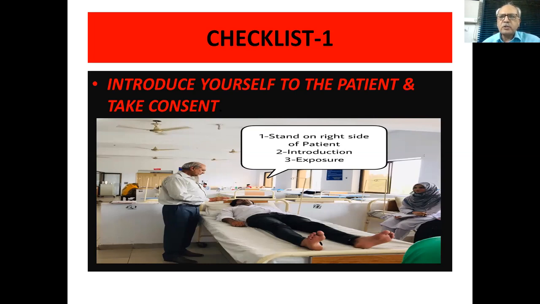When you are asked to examine the abdomen of a patient, the checklist one is you must go to the right side of the patient. Number one. And number two, introduce yourself and take a consent in a decent manner from the patient for the clinical examination.